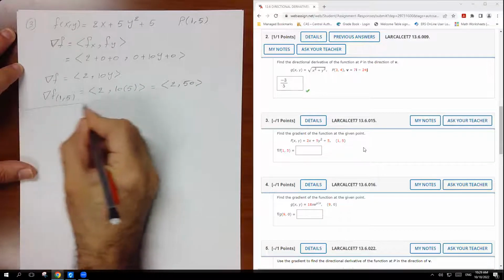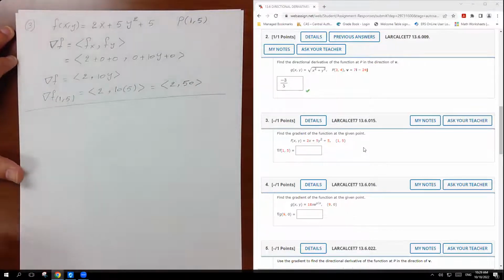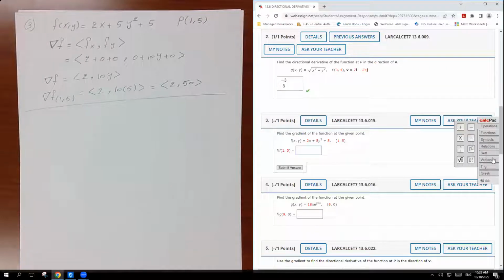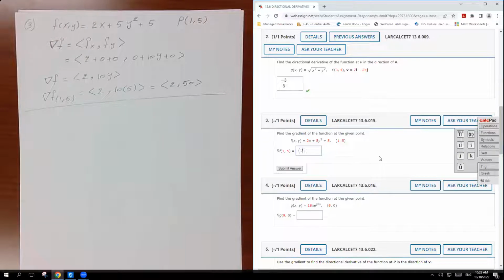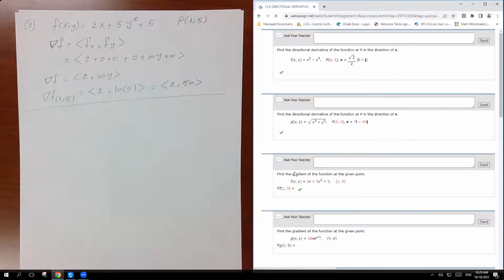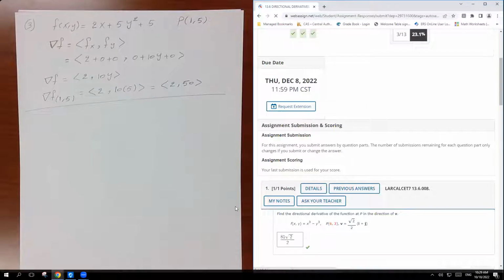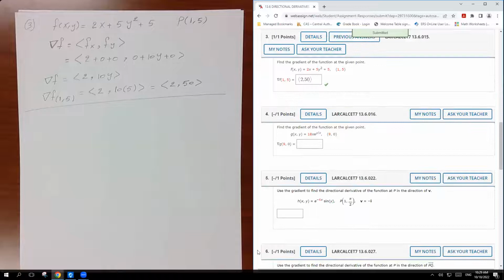That's it for this example. So we're just going to put the vector 2, comma, 50, and it's supposed to be closed. Here we go.